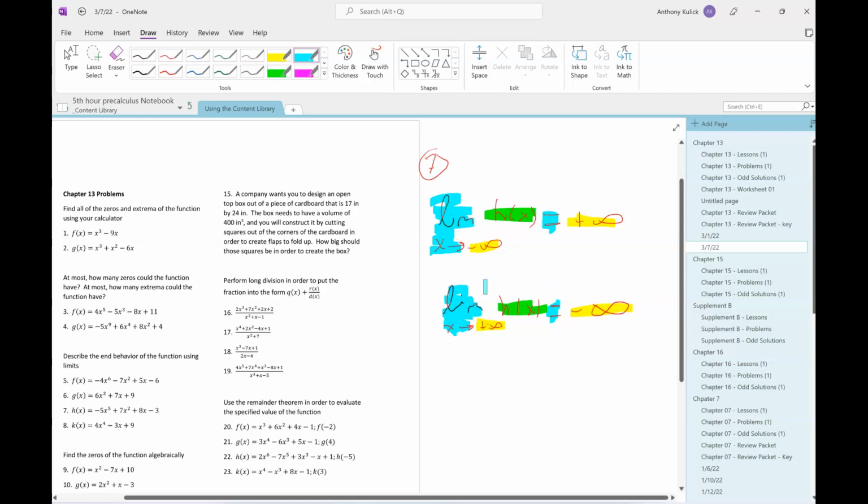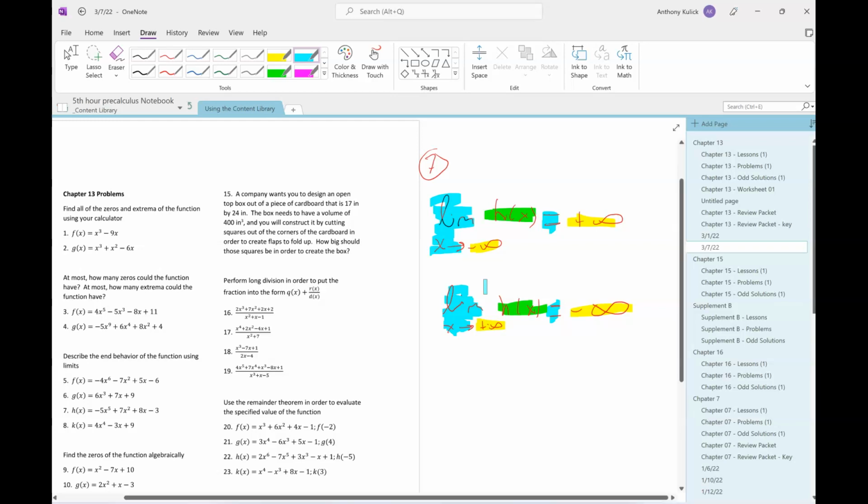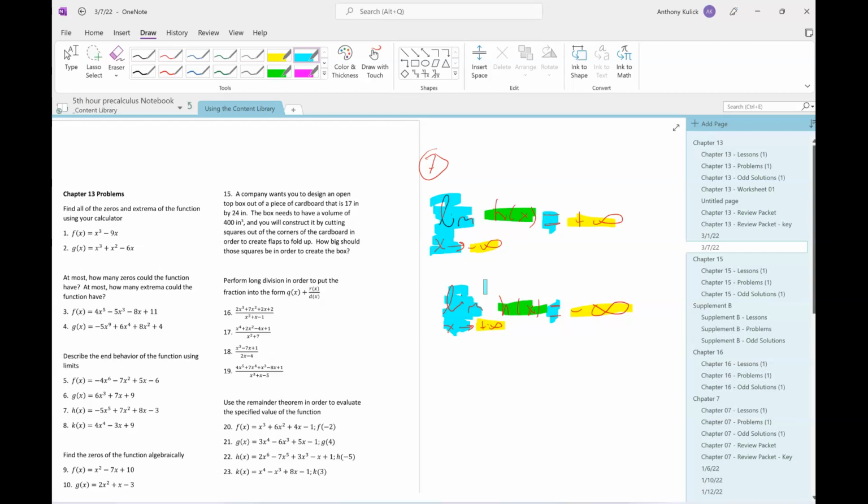That stuff is always the same. The stuff in green is just going to be the name of whatever the function is that's in the problem. And the stuff in yellow is what you're going to pull from the graph, from looking at the picture or looking at a table of data. Okay.